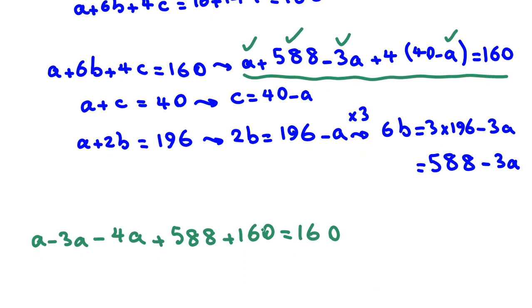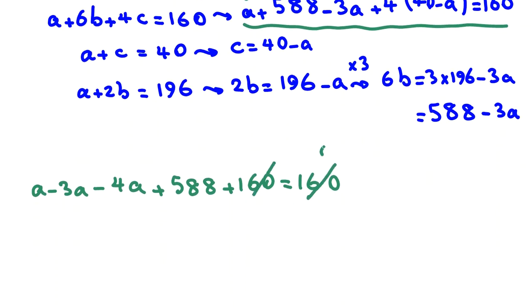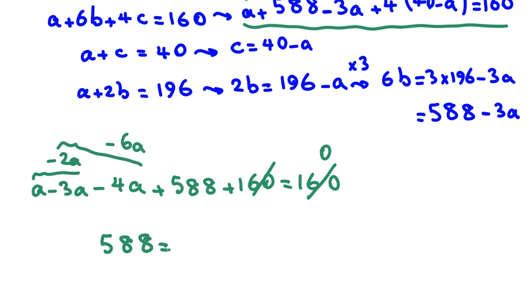If we subtract 160 from both sides, it will be 0. A minus 3a minus 4a is minus 6a. You add 6a to both sides, so 588 equal to 6a.